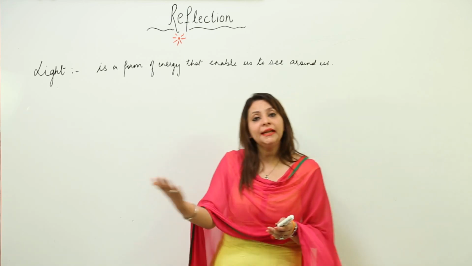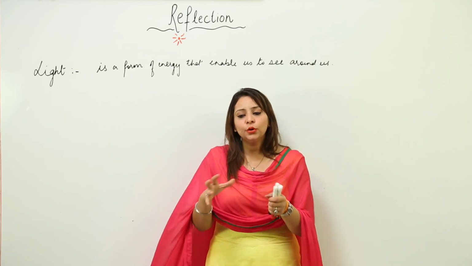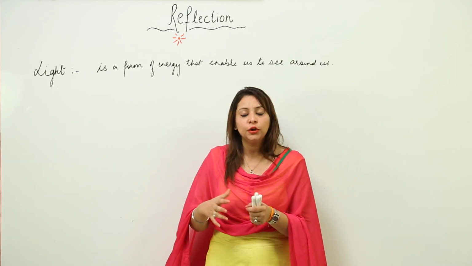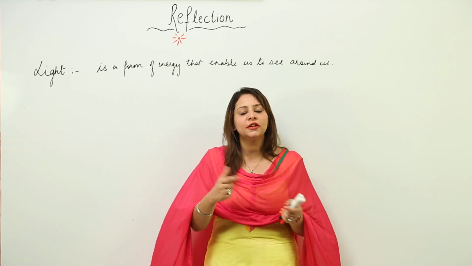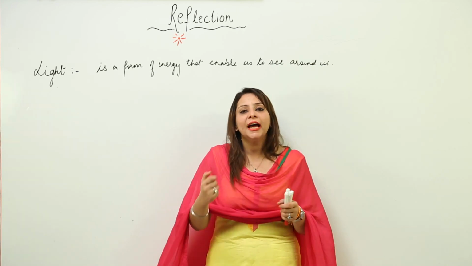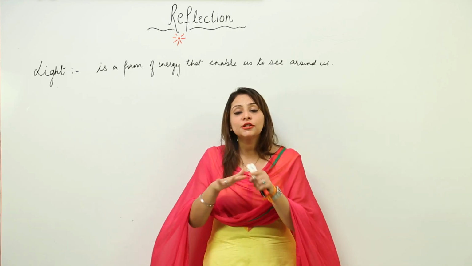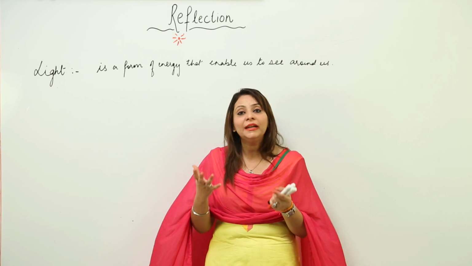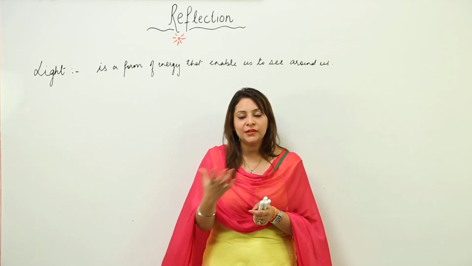But if there isn't any light in the room, suppose you enter a cinema hall, you are not able to see your seat, you are not able to locate it. Then there are certain persons standing who switch on a torch and take you to your seat, because there is a lot of darkness, there is no light inside, that's why you are not able to see anything when you enter a dark room.